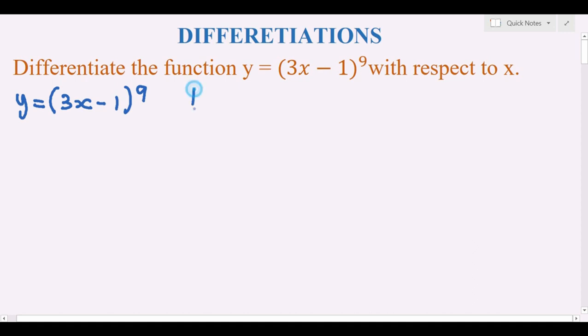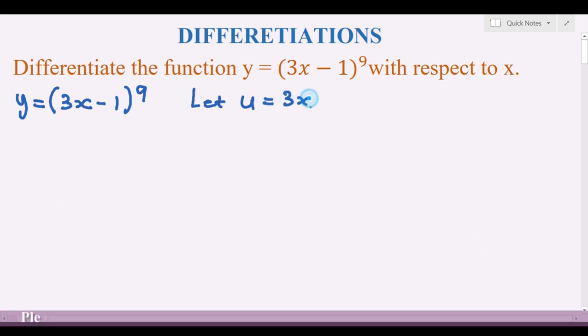We say let u be equal to 3x minus 1. So what this means is that we can differentiate u with respect to x. That is, du/dx will become 3.